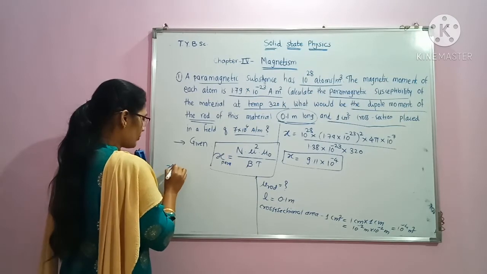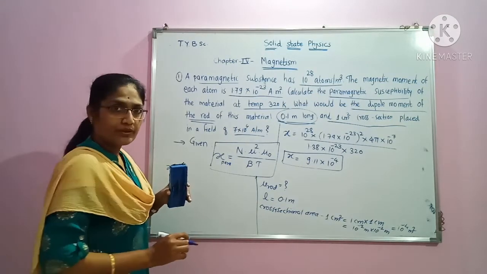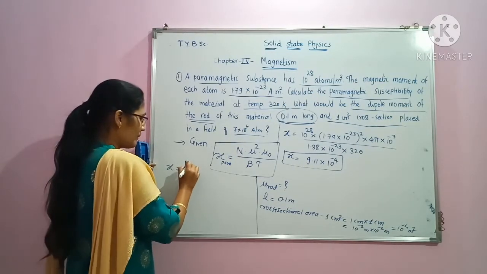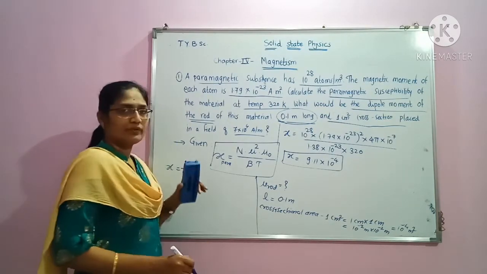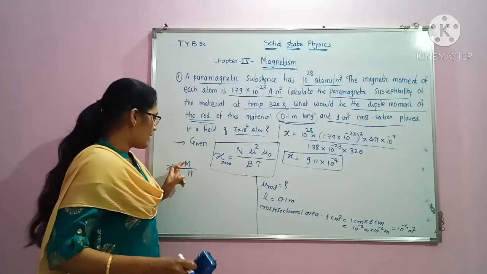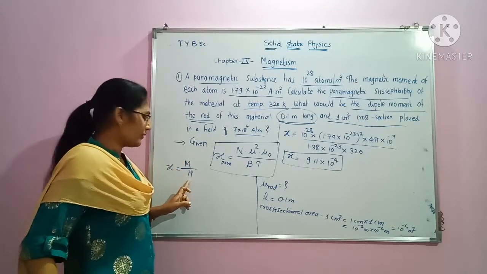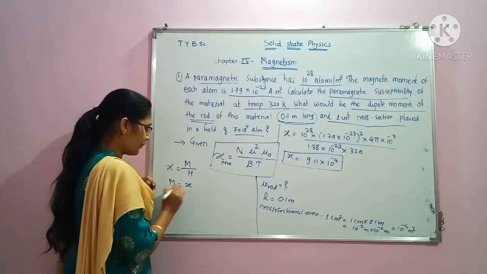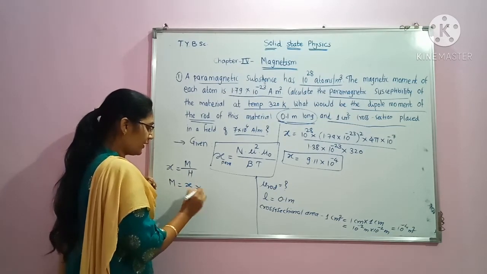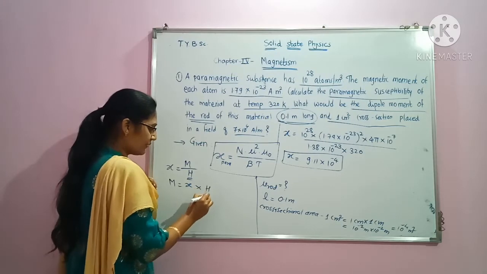What is this formula? Susceptibility is nothing but the magnetization produced divided by applied magnetic field. So magnetization produced is the product of susceptibility into applied magnetic field H.